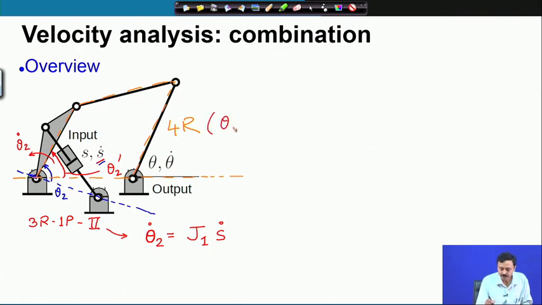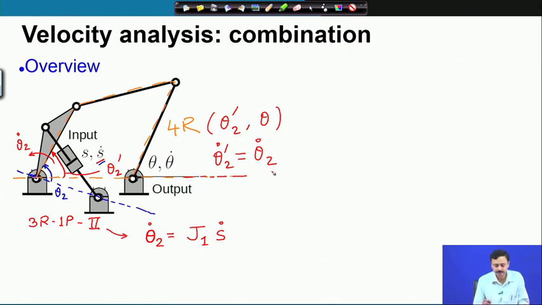So, the input is theta 2 prime and the output is theta, and of course, theta dot. Now, theta 2 prime dot is nothing but theta 2 dot. As you can see, because the line of frame of the 4R chain is a fixed line, it is a fixed reference line. So, therefore, theta 2 prime dot is also equal to theta 2 dot.